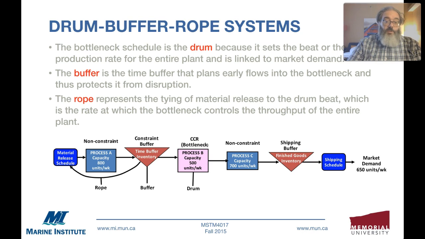So that's something to also consider, that it may not be capable of keeping up with market demand in the long term. In the short term, perhaps it can. And the rope, releasing materials to the drum beat. That's where I was saying that process A may not get materials released into it to run maybe 2 out of 3 weeks, but essentially it ties the buffer back to the release schedule.